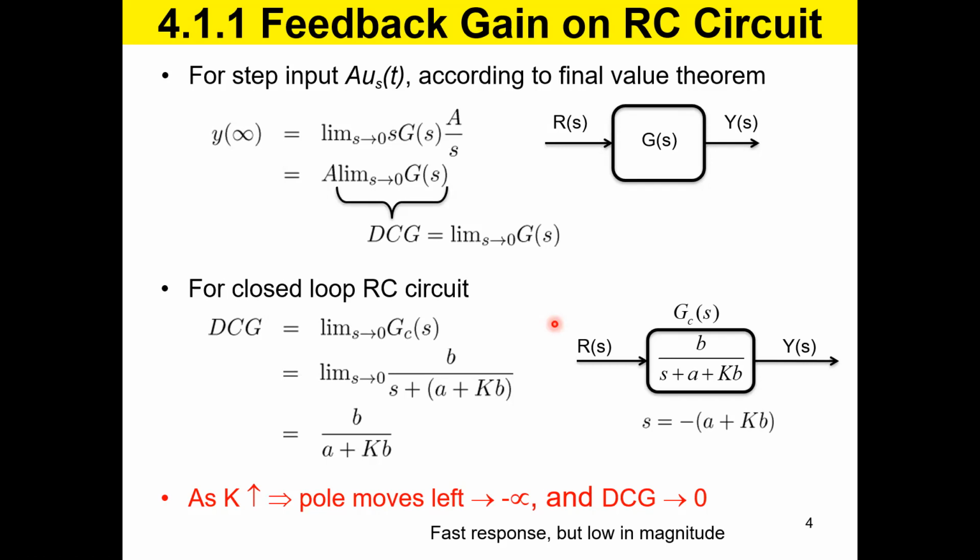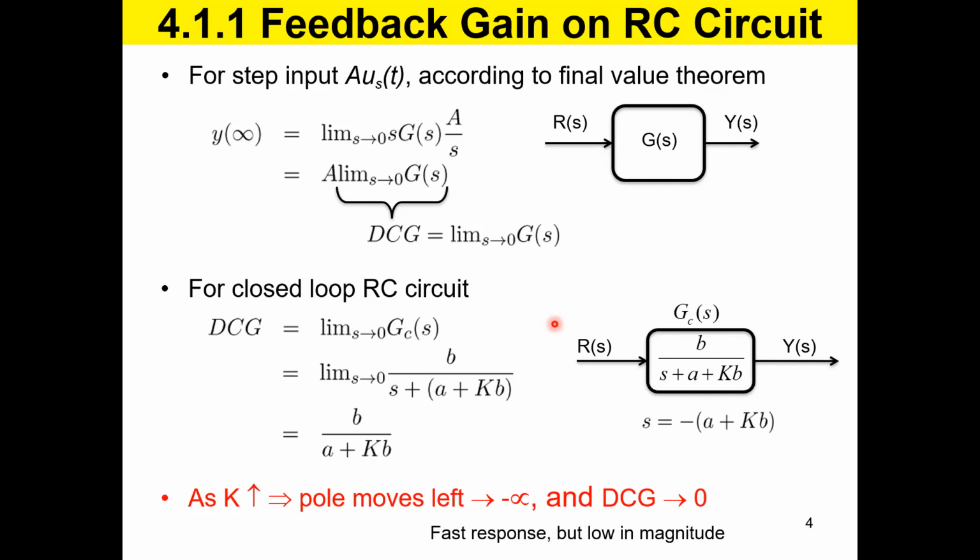The response can be oscillatory, can be non-oscillatory, whatever it is. If it ever settles at some level, the final value, what is that value? It is given by what is called the final value theorem.